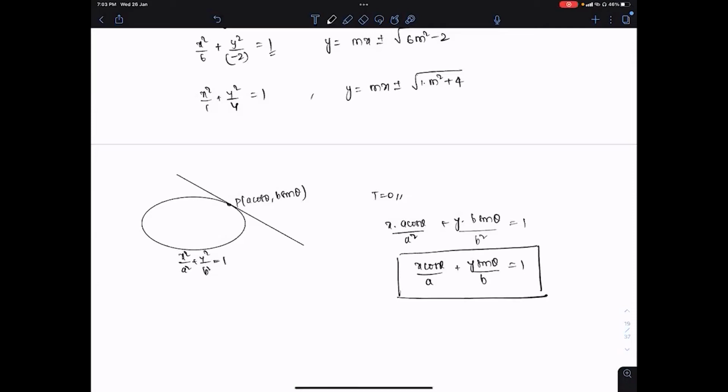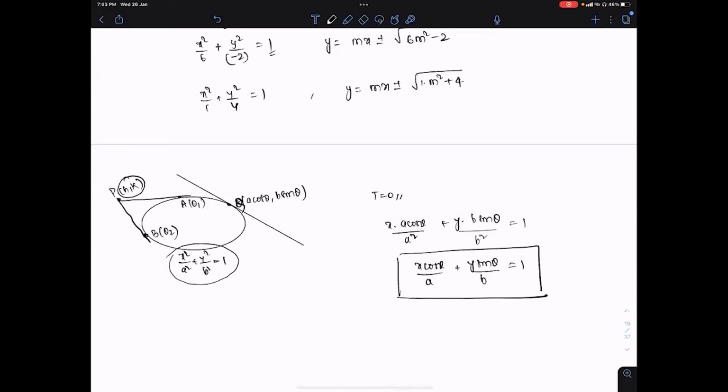Now, where do we use the parametric form? Again, if you draw tangents from an external point, then in parametric form you have theta. Let's say from h comma k you are drawing tangents to this ellipse. The points where these tangents touch will have some parametric eccentric angles, let's say theta 1 and theta 2.